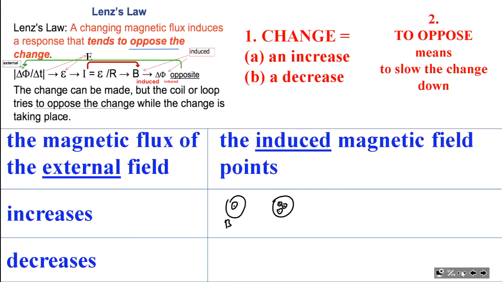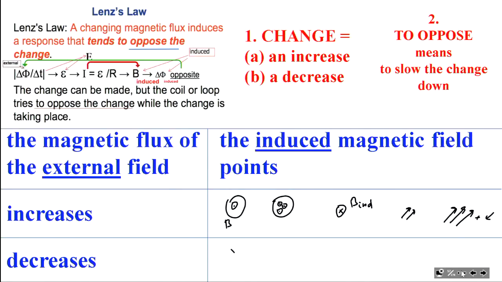So that's what increase means. Now, to slow down that change, the induced magnetic field, according to the law, should point opposite. Why? Because that's how vectors should be added. If we have a few vectors and then we have more, to slow down that change, we should add vectors which point opposite.